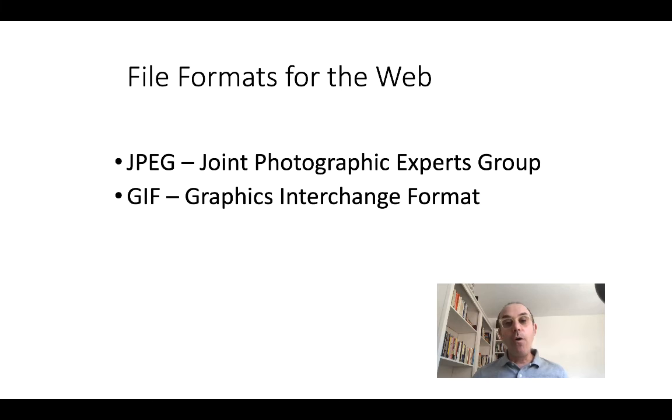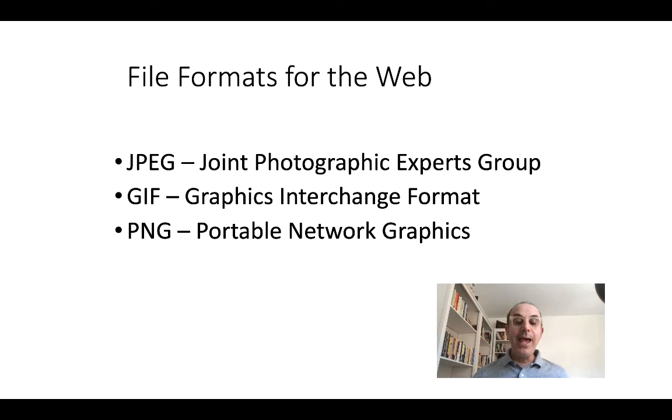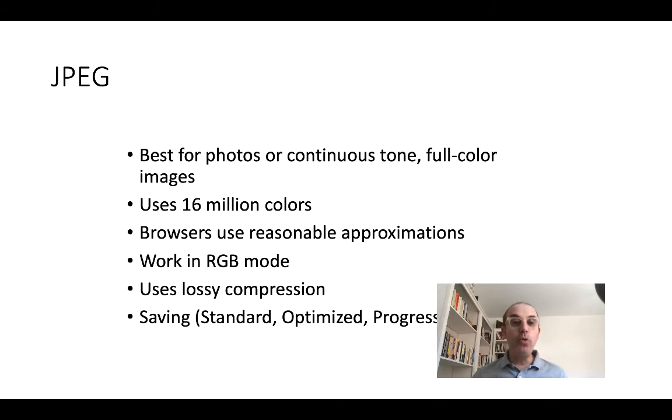GIF is the lowest resolution, and it's usually the interchange format. And PNG is a little bit higher resolution. It's usually very good for people who are using the PC, not the people who are using the Mac. So this is where the Mac versus PC comes into play.